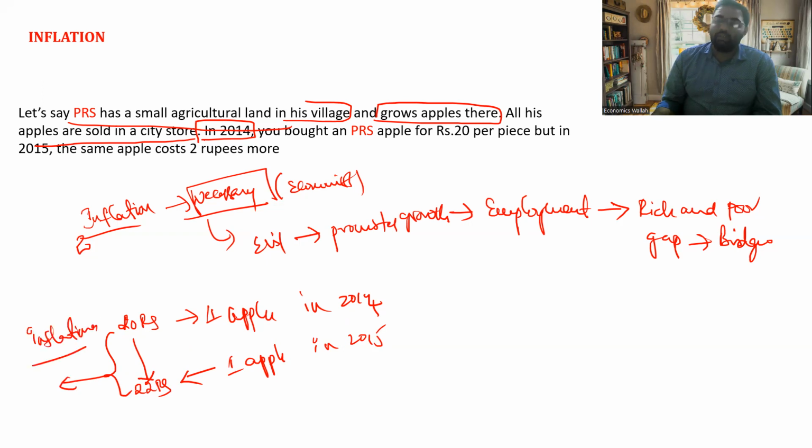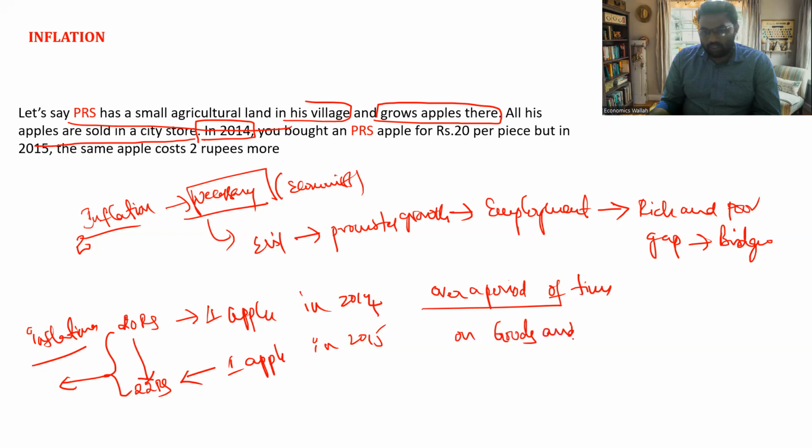Generally, inflation is calculated over a period of time, on goods and services. In this case, we are taking the example of an apple. From 20 rupees to 22 rupees, there is an increase of 2 rupees. So this 2 rupees increase is called the inflation rate.